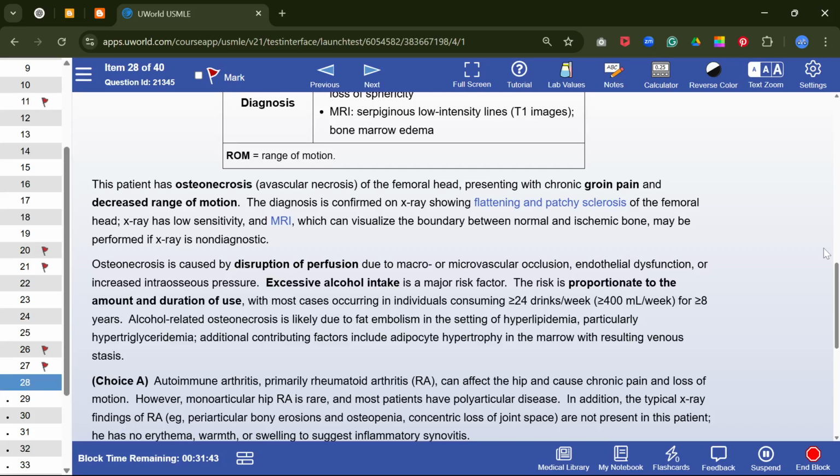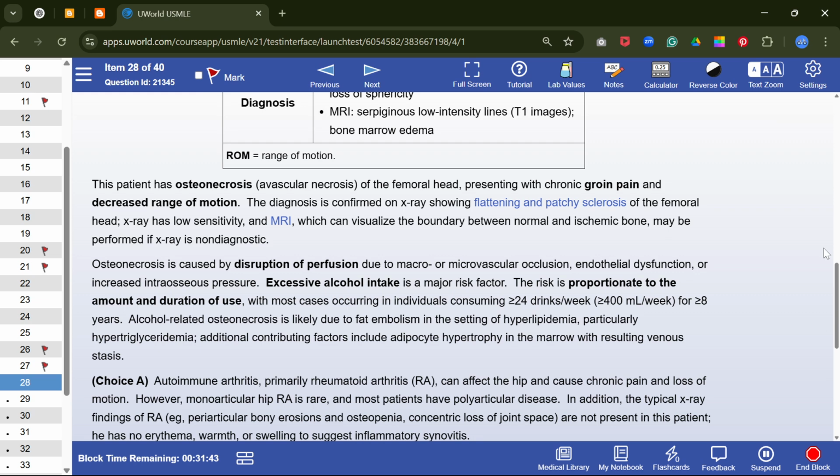The risk is proportionate to the amount and the duration of use, with most cases occurring in individuals consuming more than 24 drinks per week, or more than 400 ml per week, for more than 8 years.